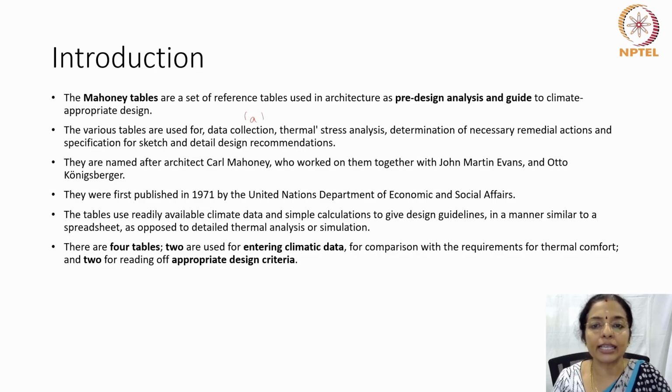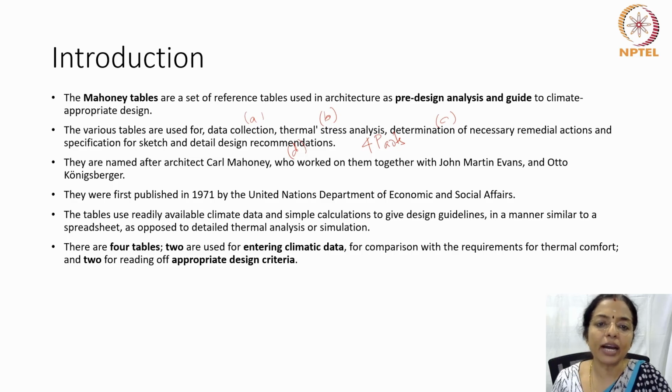Then there is thermal stress analysis: at what temperature the people there would feel very warm, or at what temperature it would be determined as cold, the way we saw in our thermal comfort class. Then determination of remedial measures, and then design recommendations. So the Mahoney's table comprises these 4 parts.